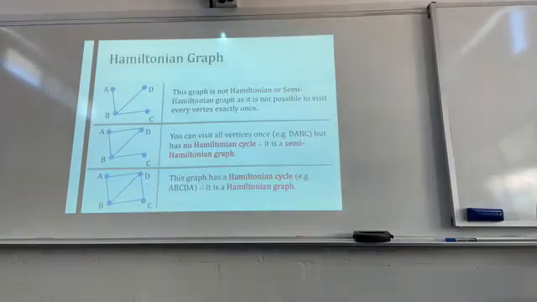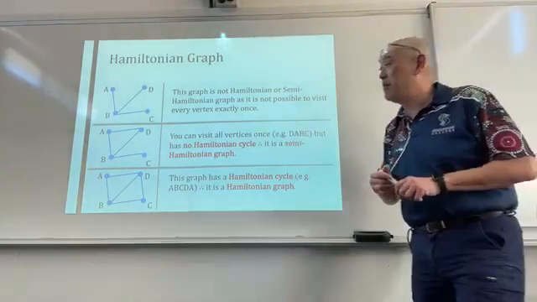All right, Hamiltonian graph. The first one, the graph is not Hamiltonian or semi-Hamiltonian. I will go through semi-Hamiltonian a little more carefully in a few minutes. It is not possible to visit every vertex once. The second one is a semi-Hamiltonian graph because you can visit all the vertices once and there's no Hamiltonian cycle.